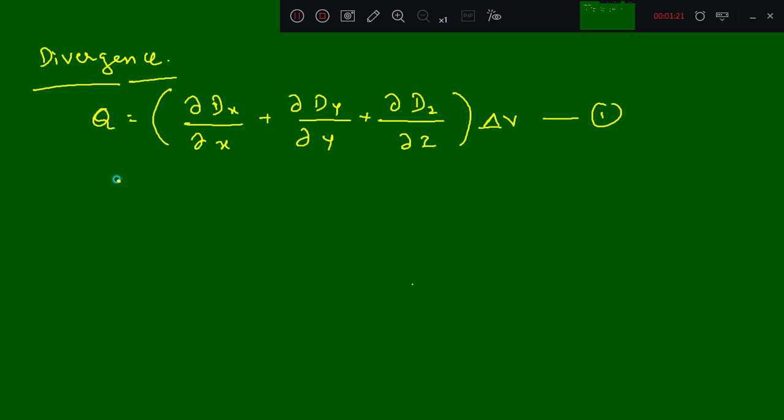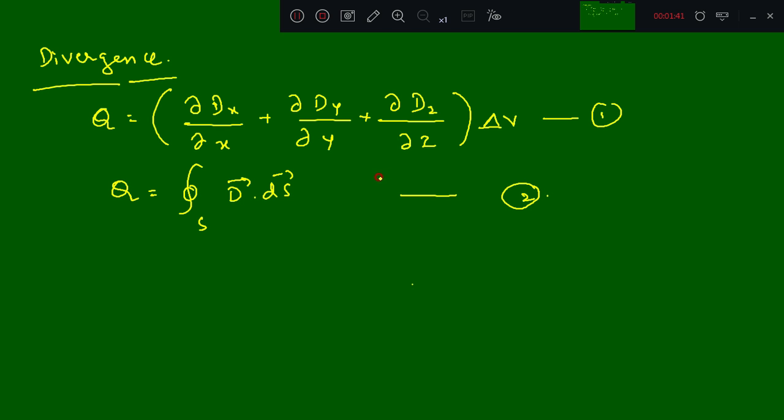We also know that Q is equal to, from Gauss law, surface integral S D dot ds. So this you can call equation number 2. These two equations we can equate.